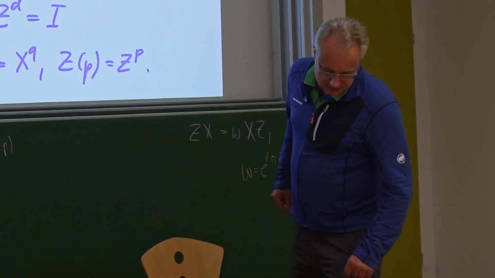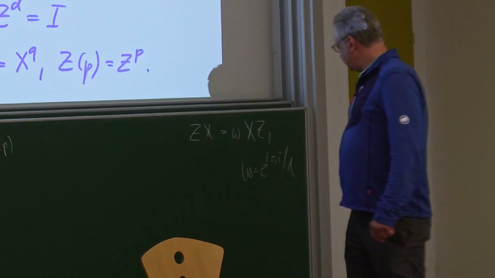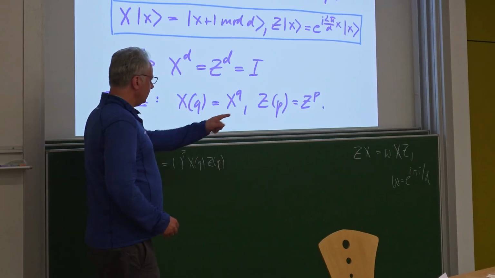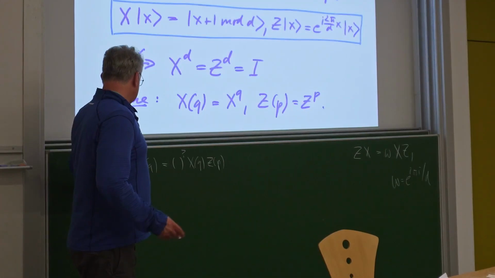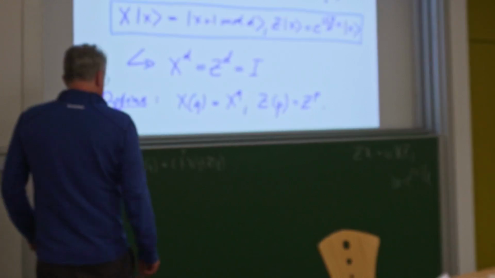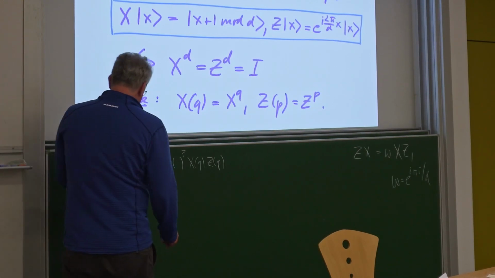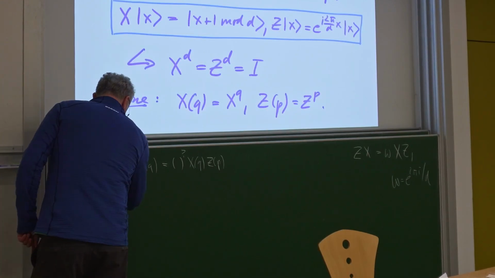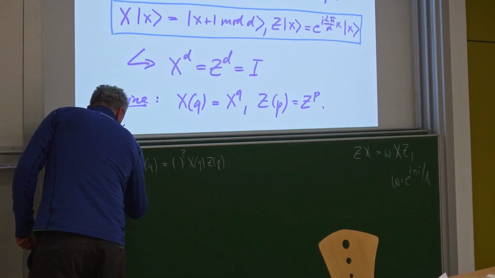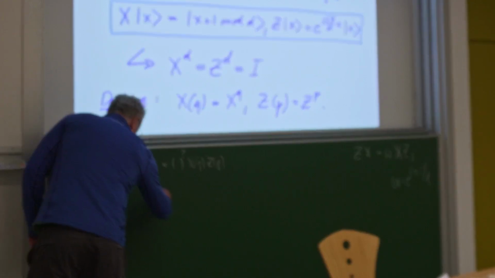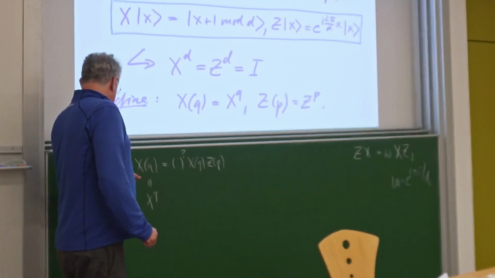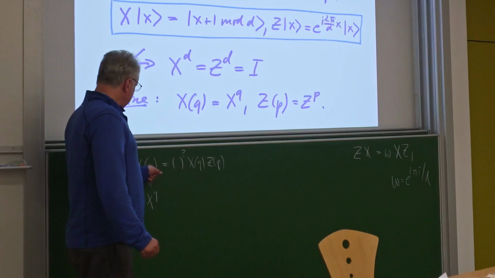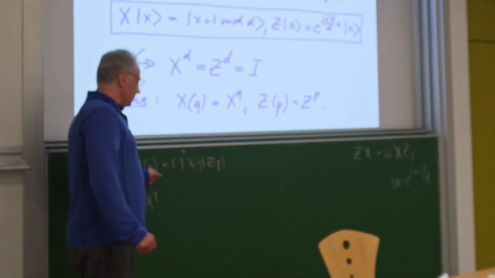So that's it. And once you have that, the answer to that follow-up question is rather easy. So we recall, this is z to the power p, and this is x to the power q. Now you're exchanging the order. So you're taking each of the z's and moving it past each of the x's.